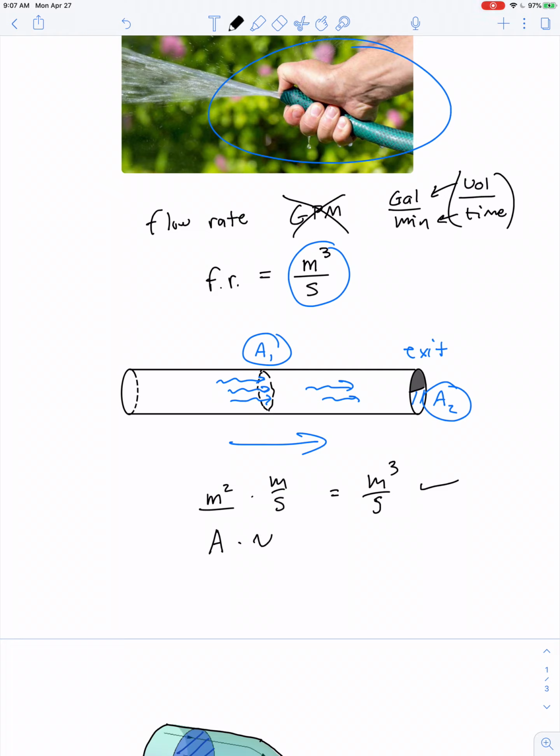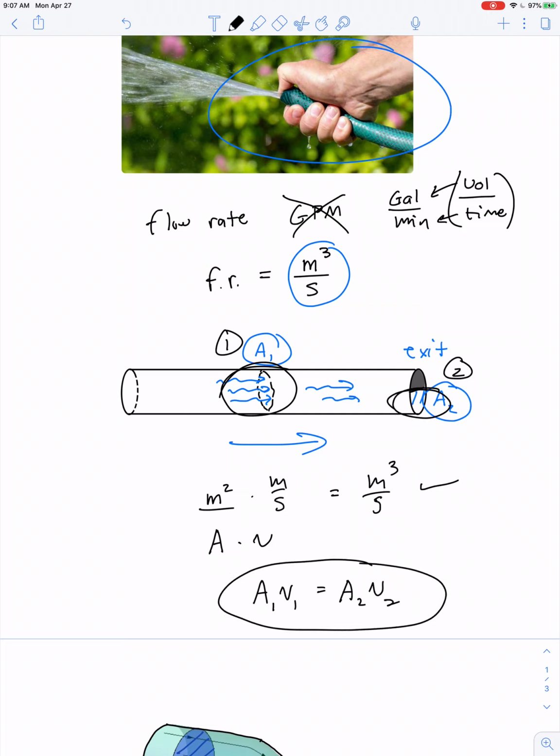And that's exactly what the equation of continuity says. The product of cross-sectional area and velocity at point 1 has to match the cross-sectional area and the velocity at point number 2. So the flow rate of water through this cross-section and the flow rate of water through this cross-section are equal.